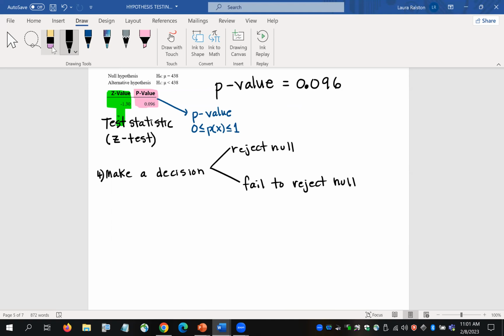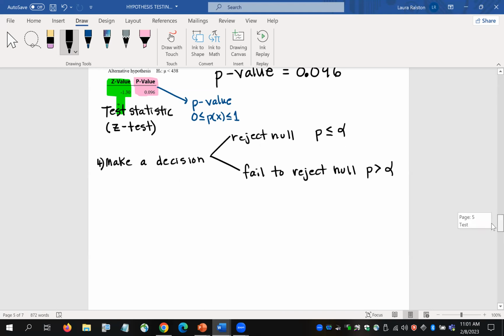Remember the guidelines. We reject the null if the p-value is less than or equal to the level of significance. We fail to reject if p is greater than the level of significance.